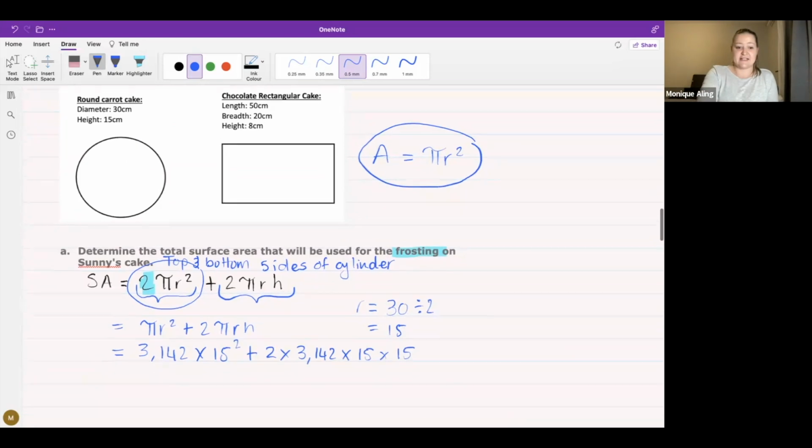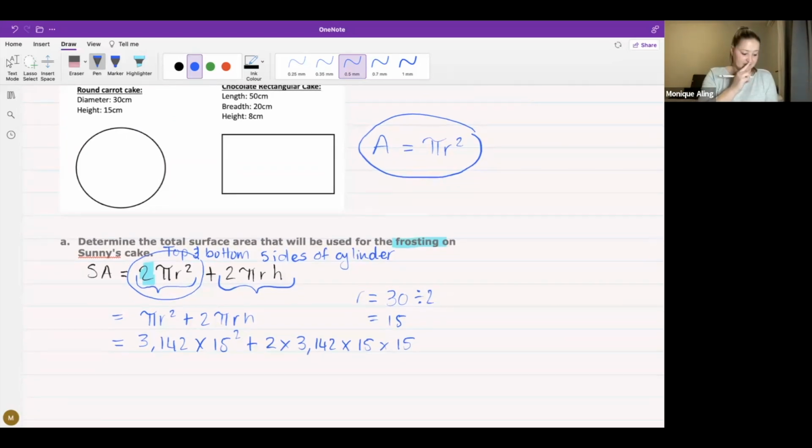There's a lot of 15s there. So that means the surface area that the frosting or the icing is going to cover is 2,120.65 centimeters squared.